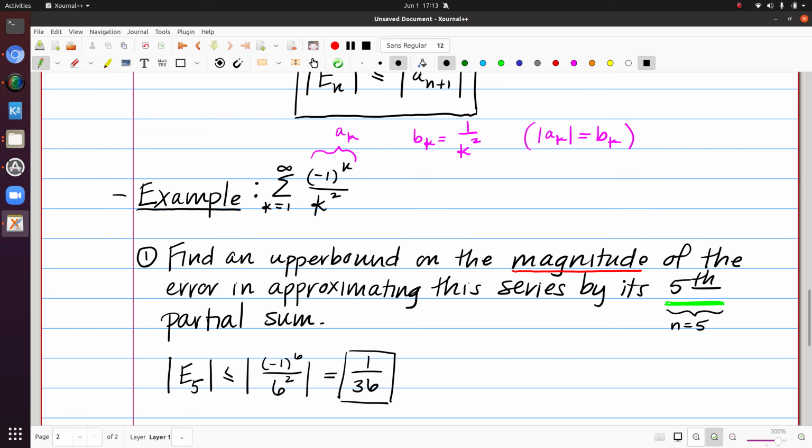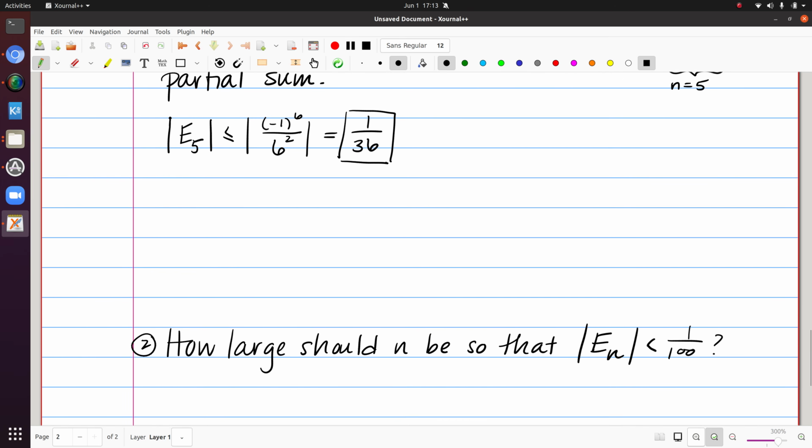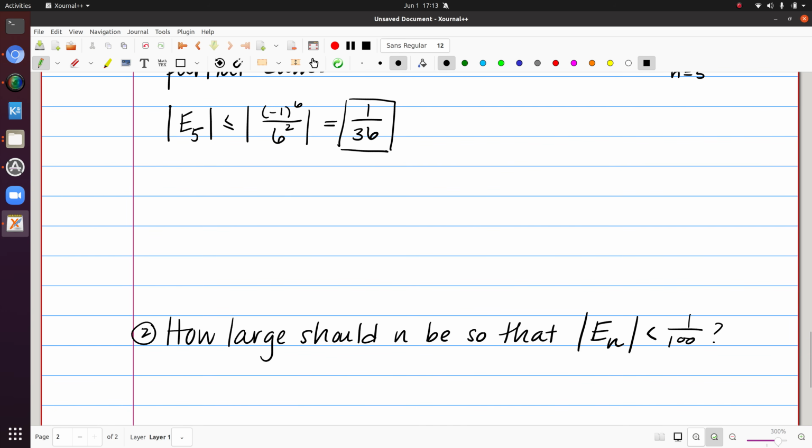but not whether it's positive or negative. Much like we've seen with the integral test error bounds, another type of question we could ask here is how large should n be so that we can guarantee that our error in size is smaller than 1 over 100? Well, here we have some kind of desired level of accuracy, and we need to know how many terms we need to add in order for us to get close enough to the true sum.